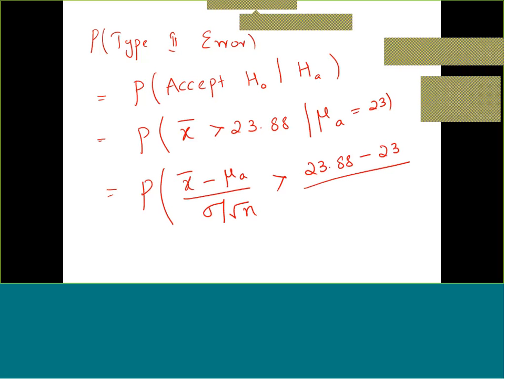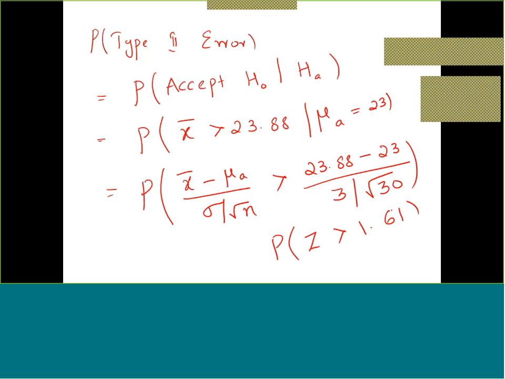Sigma is 3 division root 30. So this is probability of Z greater than 1.61. And finally, you can calculate the type 2 error. Beta is equal to 0.0537. So this is the value you can do it.